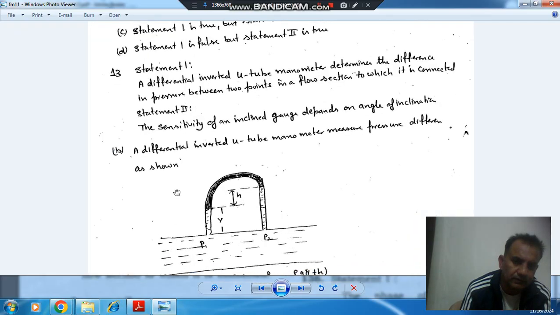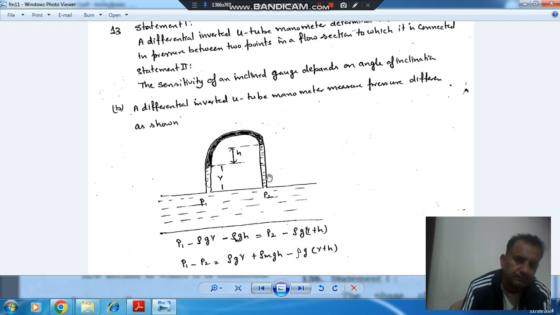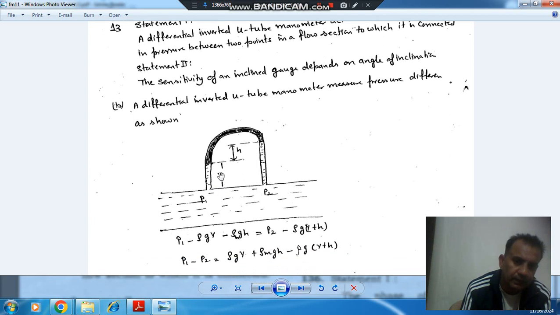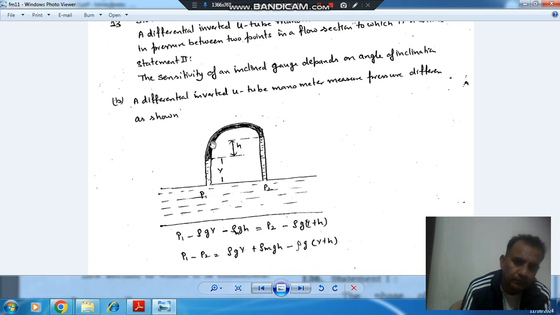So this is your inverted U-tube, and the first statement is about the inverted U-tube. This is the fluid flowing, and here the pressure is P1 and here the pressure is P2, and this is your manometric fluid, this is y, and the manometric head difference in the left and right leg is h. So if we balance head here, then it will be P1 minus rho g y plus rho m g h.